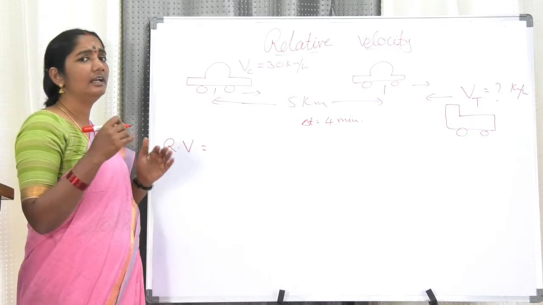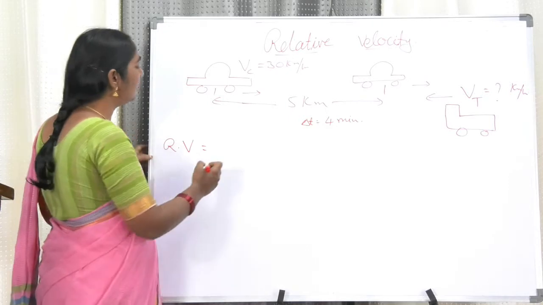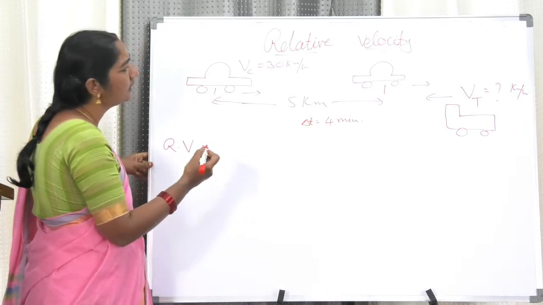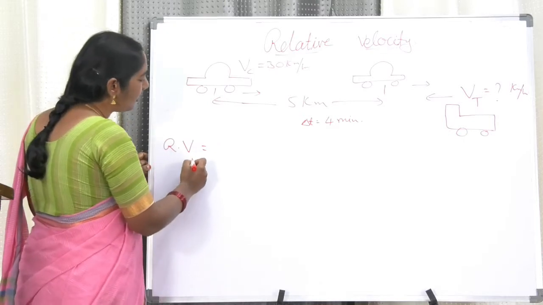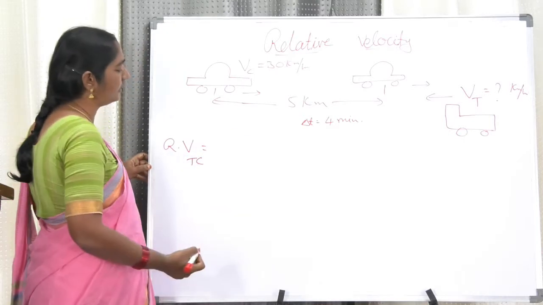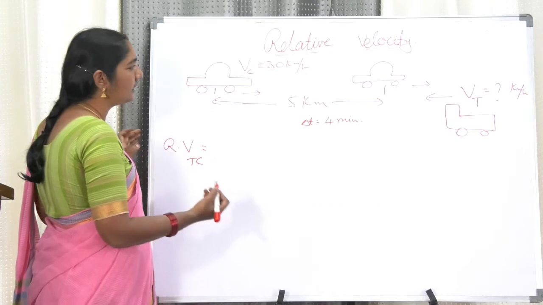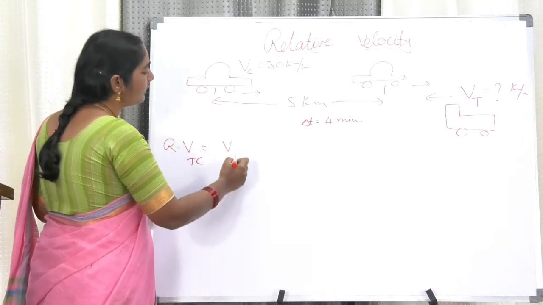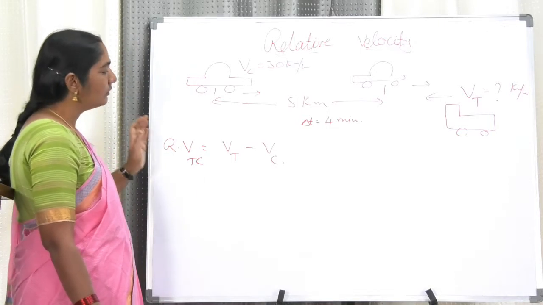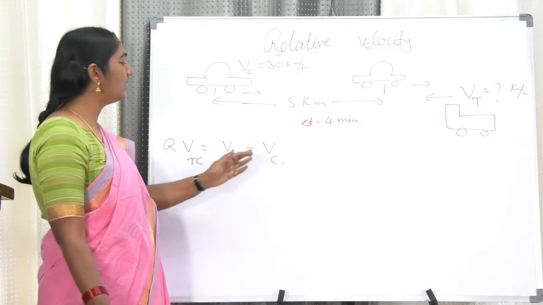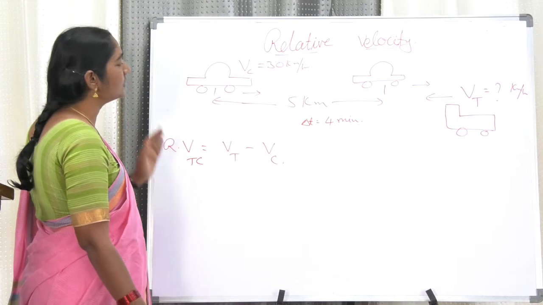The relative velocity of the truck with respect to the car is nothing but velocity of the truck minus velocity of the car.